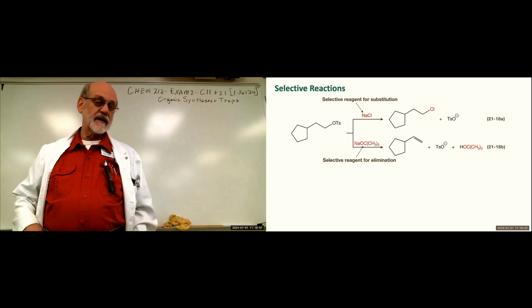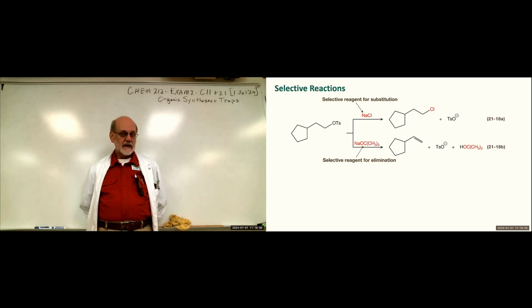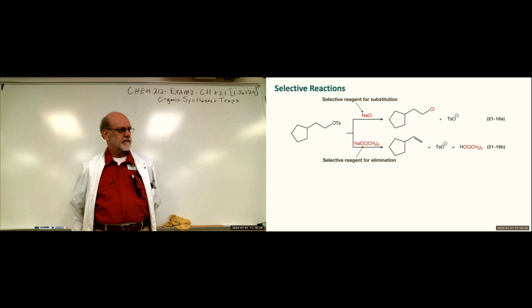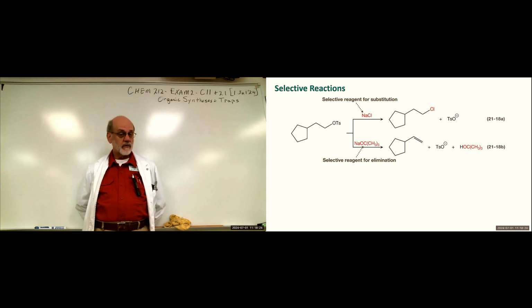And actually, this is not a case of regioselectivity, I think. Actually, not regioselectivity because we're attacking the same carbon. This is chemoselectivity, right? Because it's only got one functional group on it. It's got the leaving group there. That's the only thing. I mean, there's no competition.